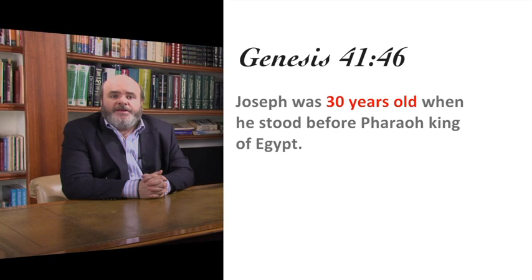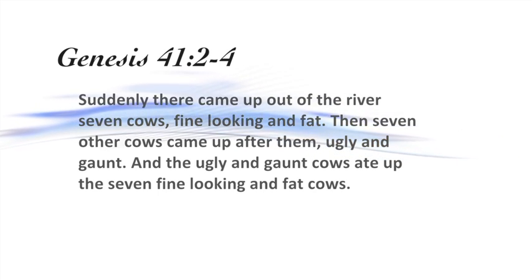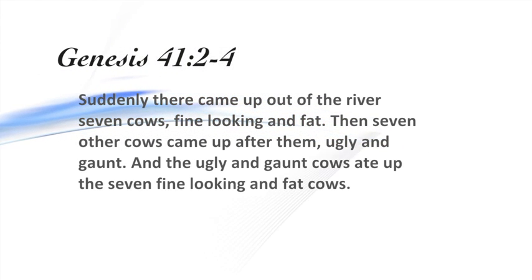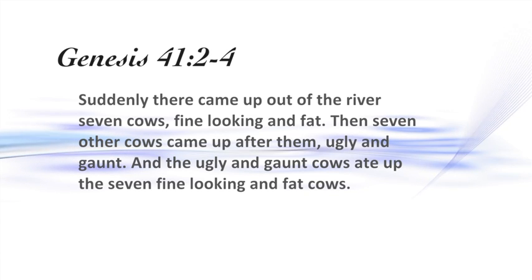Egypt. His exaltation happened after he interpreted Pharaoh's dreams, the dreams of 7 fat cows followed by 7 sickly cows, and then the sickly ones ate up the fat ones.